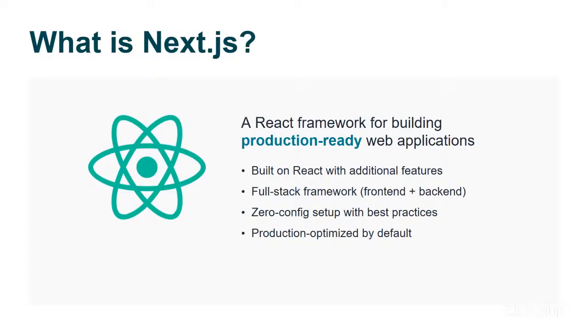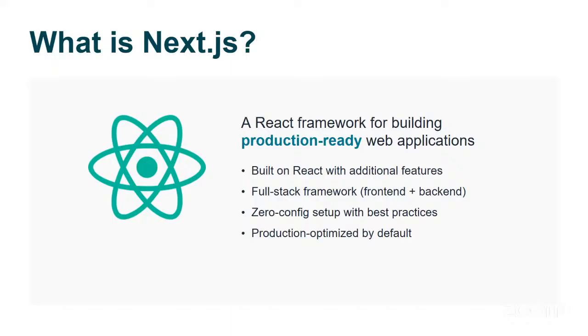And full stack framework, we have front end, back end, as I have told you guys earlier, and zero config setup with best practices. You do not have to configure everything on the server side and the client side. You can simply run create next app at latest, and you will get the latest setup for the Next.js application.